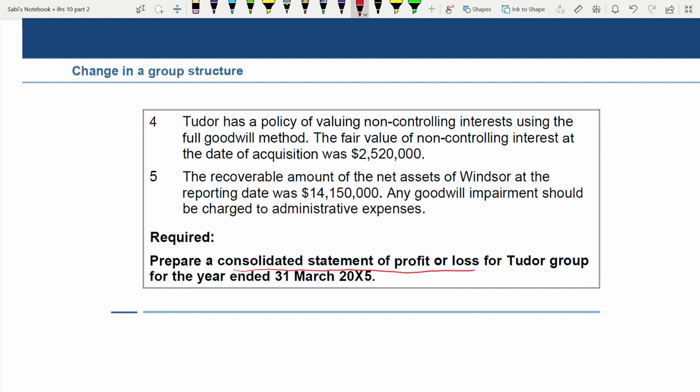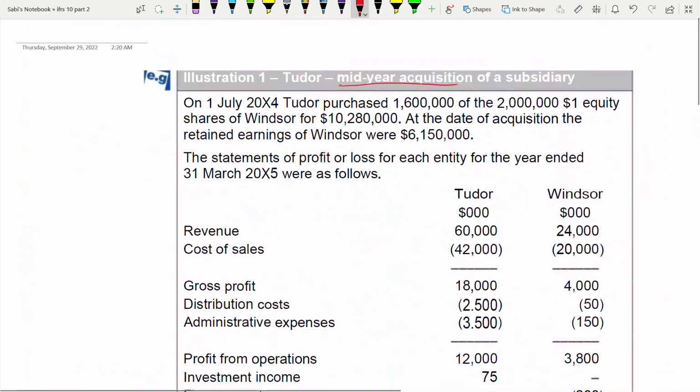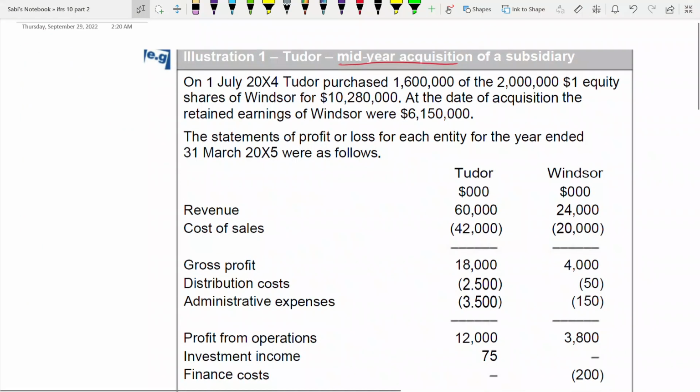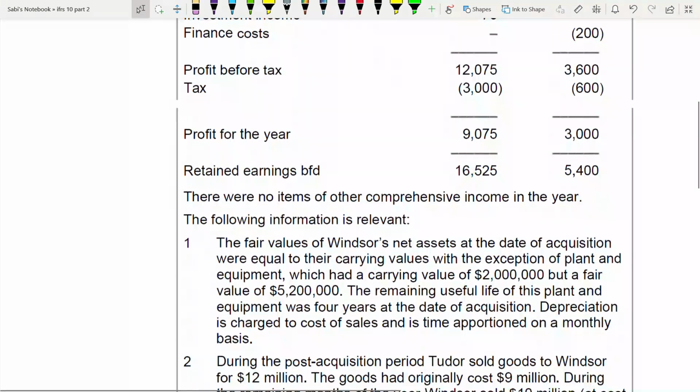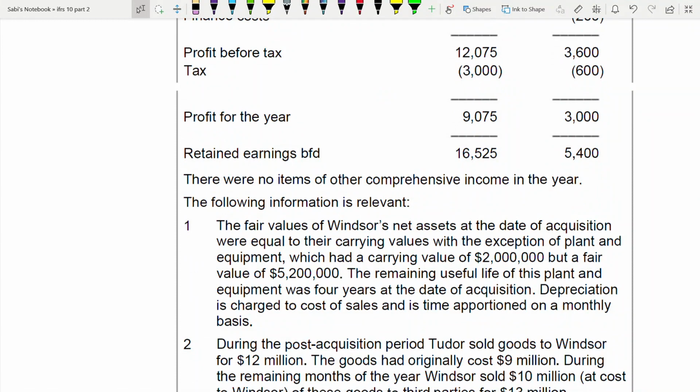First, they have purchased 1.6 million of the 2 million equity shares for 10.28 million. At the date of acquisition, the retained earnings was 6.15 million. You have been given the statement of profit and loss. Now let us read the other information. There were no other items of comprehensive income.